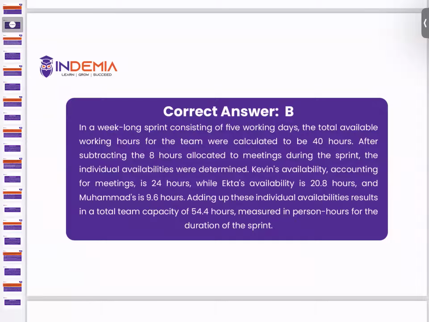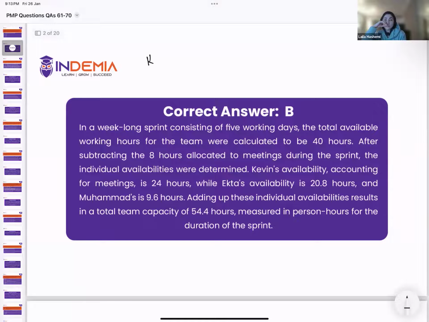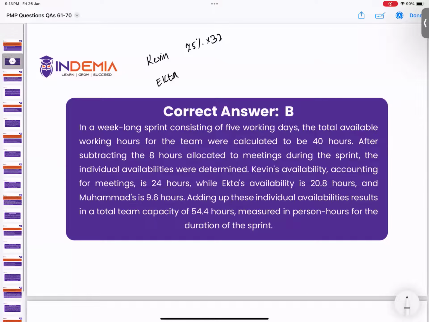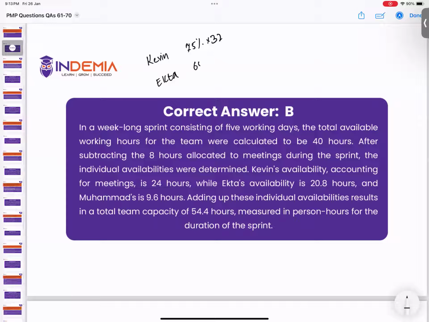The first person is available 75% of 32, which is 24. The second person is available 20.8 hours. And the third person is available for 9.6 hours in 32 hours. So they added up all three and got 54.4.